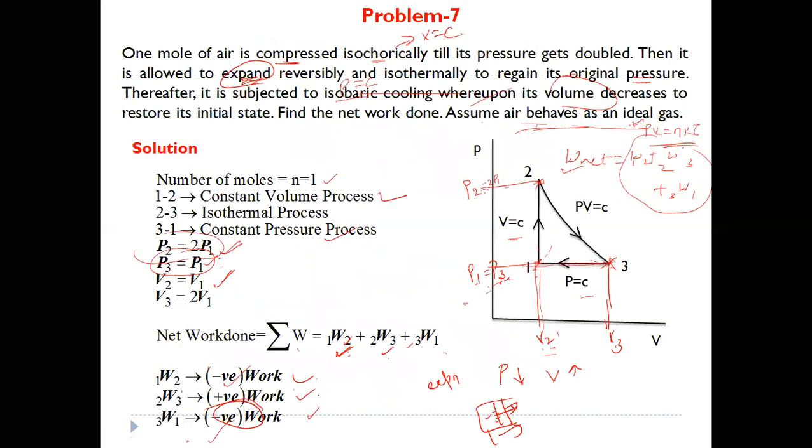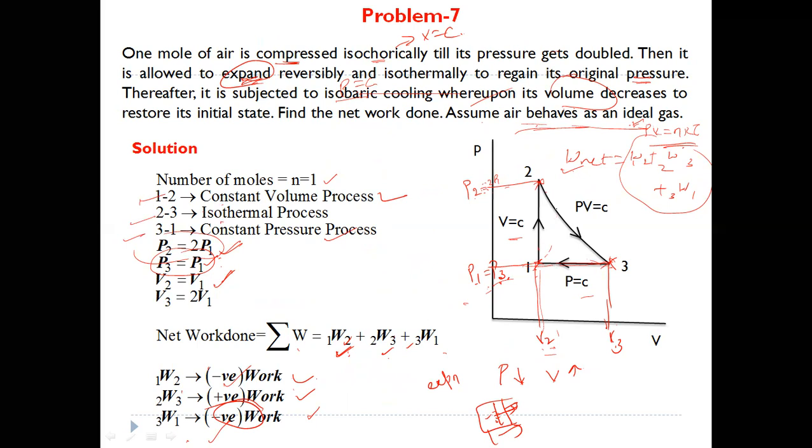If you see this problem once again, they have given 3 processes. The first process, 1 to 2, is a constant volume process. The second process is isothermal, and the third process is constant pressure. These 3 processes comprise a thermodynamic cycle.